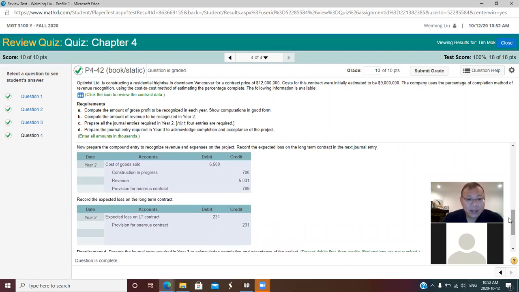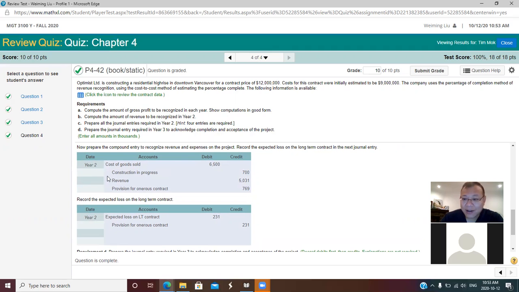So now prepare the journal entry to recognize revenue and expenses. In year two, the cost of goods sold equals the actual cost, 6.5 million, right? And you recognize the gross profit.